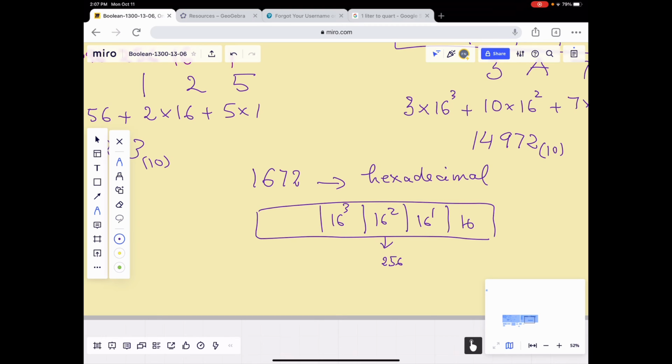When you divide 1,672 by 256, you get 6 times 256, which is 16 to the power of 2, and then the remainder is 136.